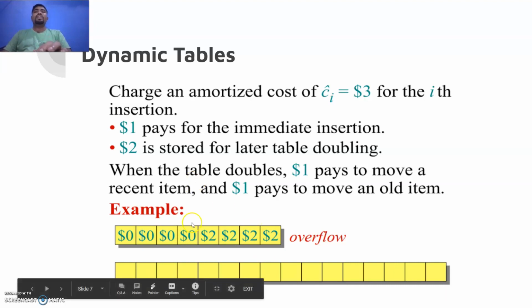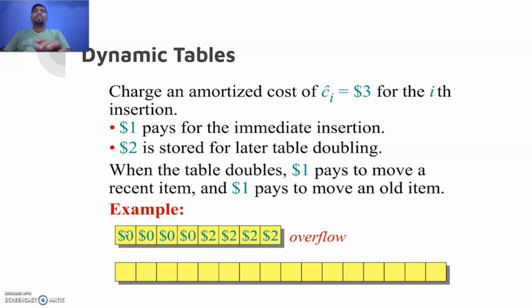So you can see that while I'm inserting an element, the insertion should just take $1. But still I could ask a person for an extra few dollars, right? So what is the accounting method? In the accounting method we are prepared for some kind of situations.